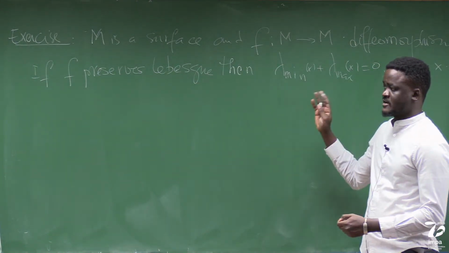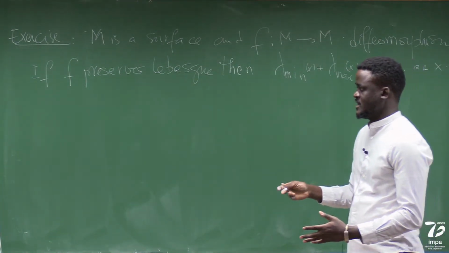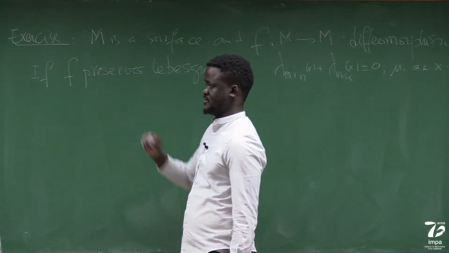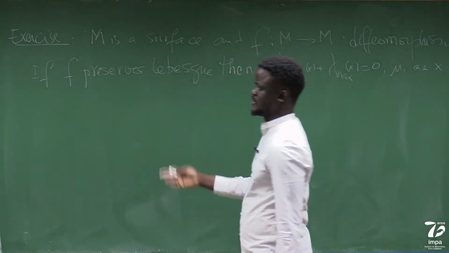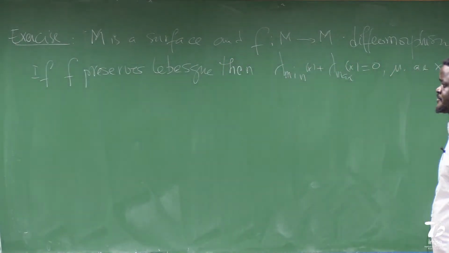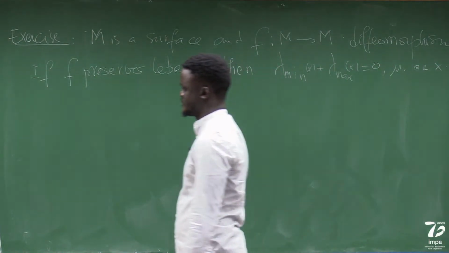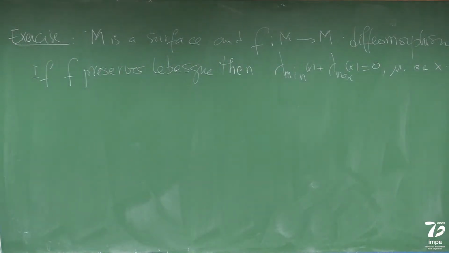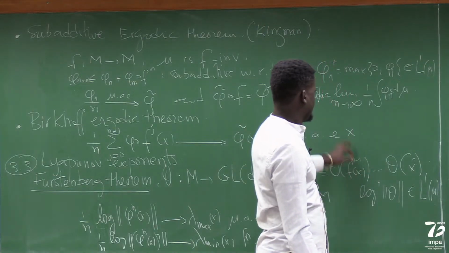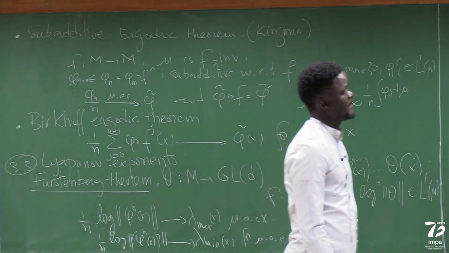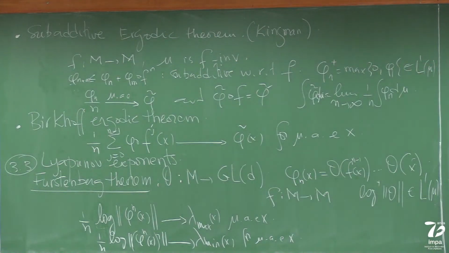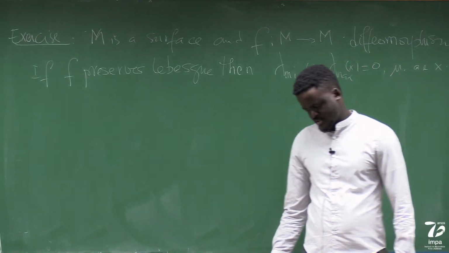Okay, so for a matrix, if you had a linear space and F was just an application like a matrix that you're applying, then this will be just the log of the eigenvalues.